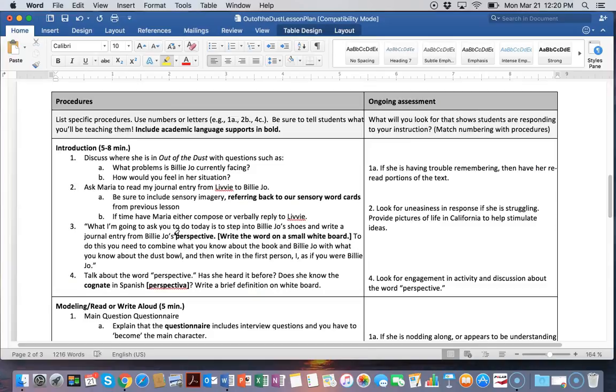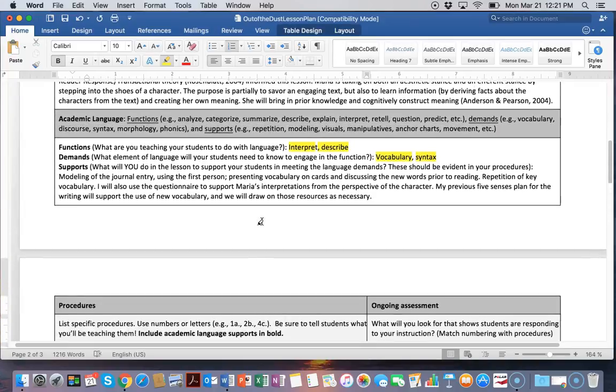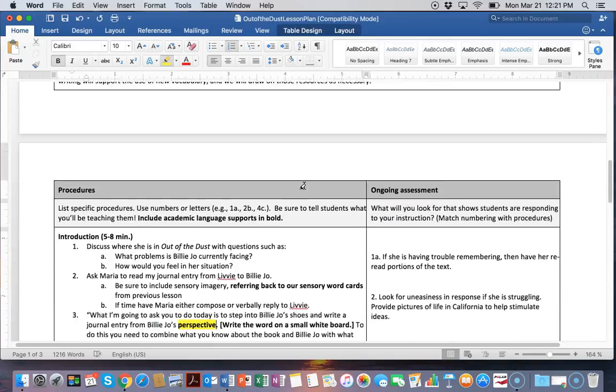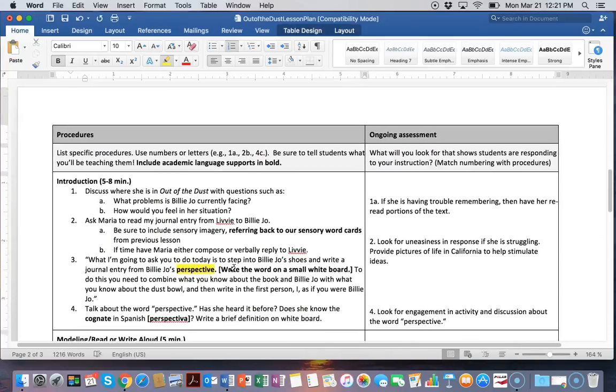The tutor wants her student to take on the character's perspective, and she needs to do this in order to interpret what the character is thinking in the novel.